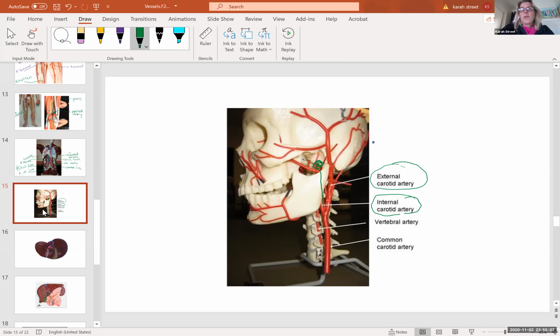The other model, though, I thought did a better job showing us the two branches coming off the external carotid artery, which were the lingual and then the facial. This one, because of the perspective of how the picture is taken, notice it's more anterior than the other one. We don't see those branches as well. So here is your facial artery.